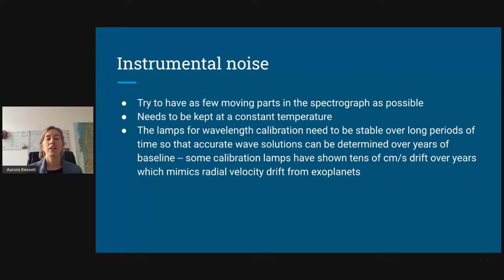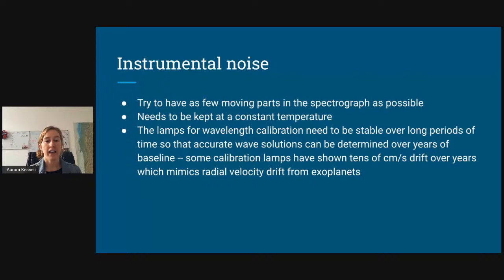You also want to keep the instrument at a constant temperature, at a cold temperature. Any fluctuations in the temperature can cause extra dark current and changes in the index of refraction of the air, which can then cause changes in the radial velocities. So a constant temperature and a cool temperature.